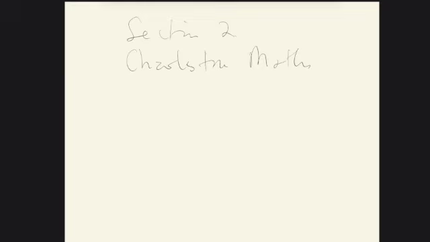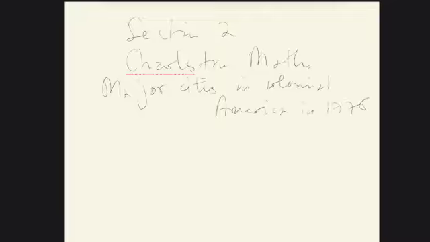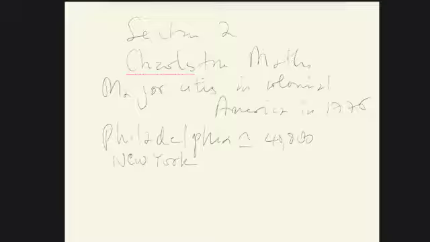Again, major cities in colonial America in 1776 were, okay, Philadelphia, about 40,000 people. New York, roughly 25,000 people.